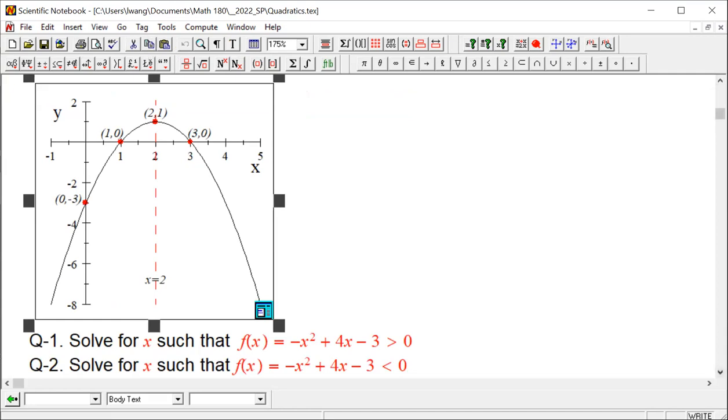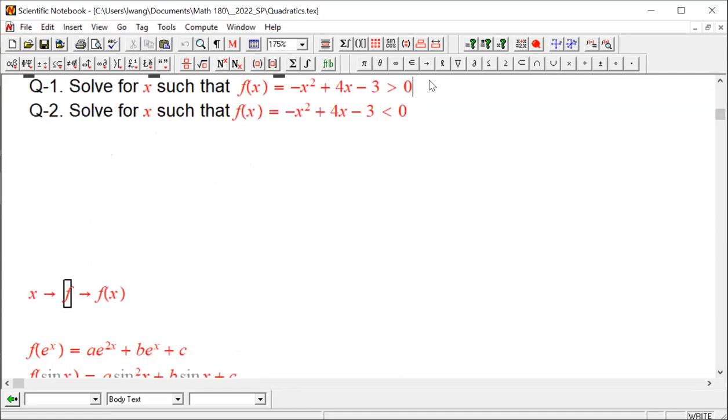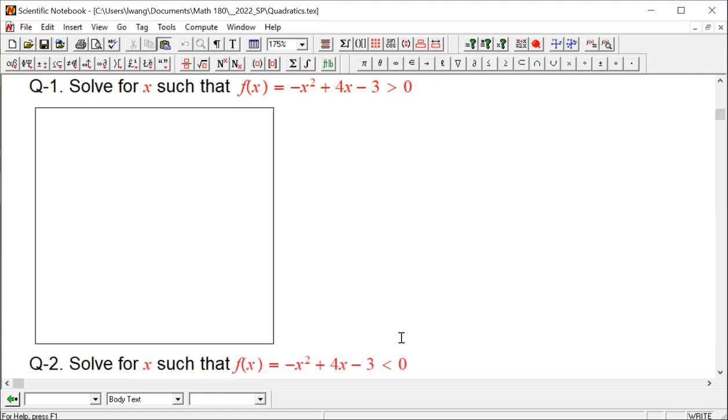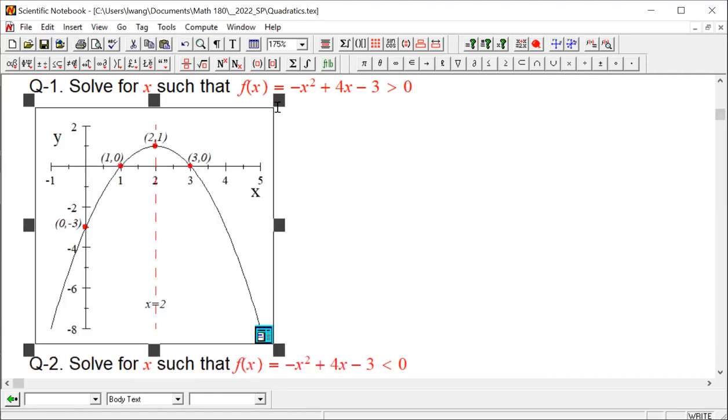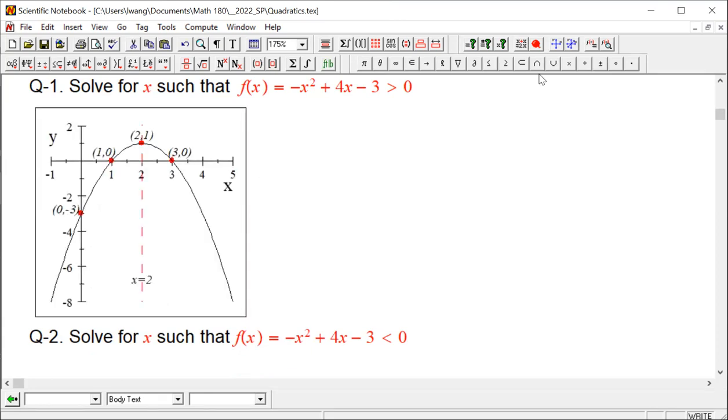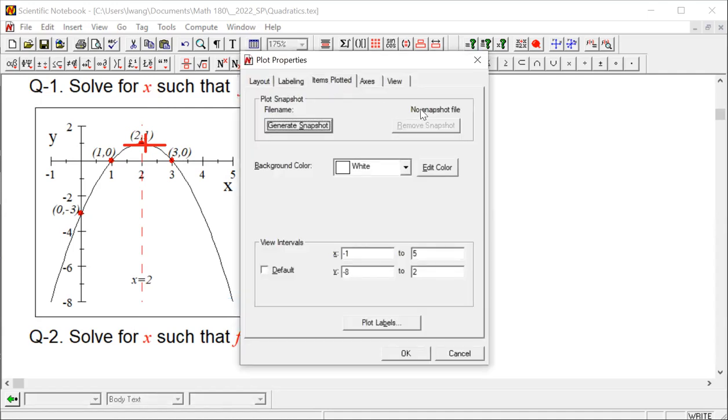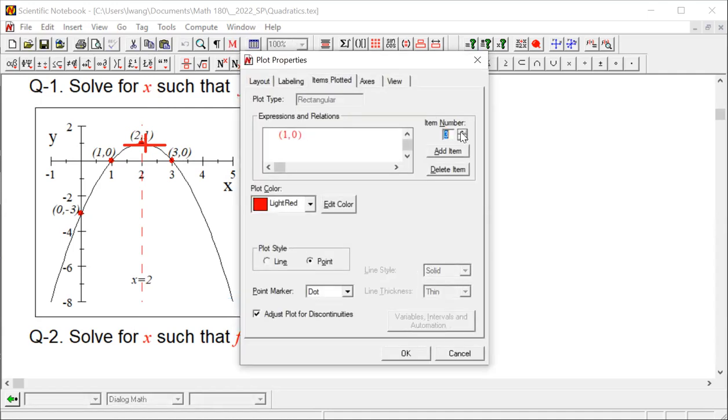So what do we do? In the first case, we want the output to be positive. Where do we see positive output? Here, so this piece is a positive piece. And those make 0, so we need to make 2 circles. So here I'm going to make those 2 points we marked as x-intercepts to be circles.